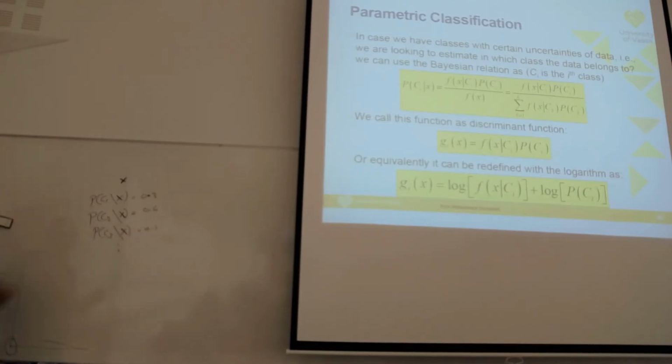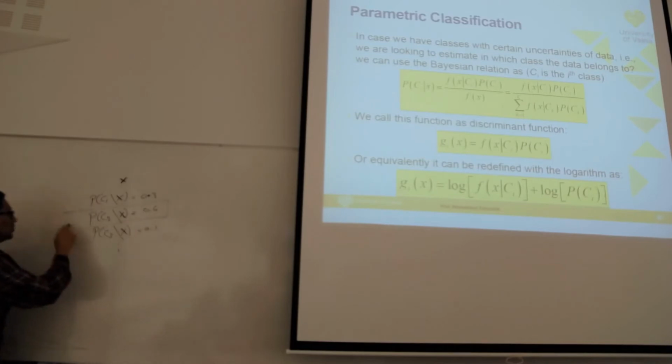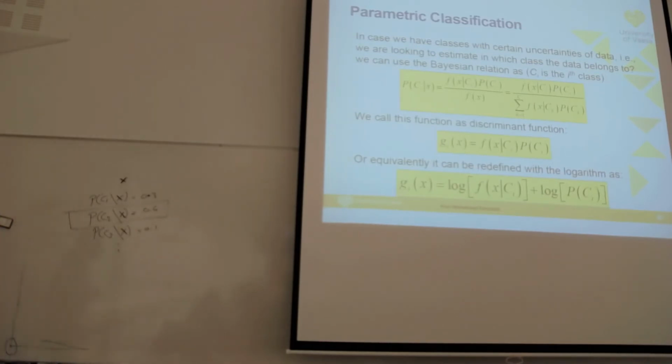If this is the maximum, then of course we should select this one, as far as the risks of selecting this class are the same. We explained this before when we talked about risk management. If the risks are similar, then we should select this class because it gives the maximum posterior probability.